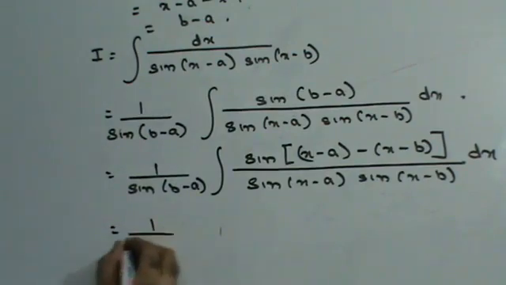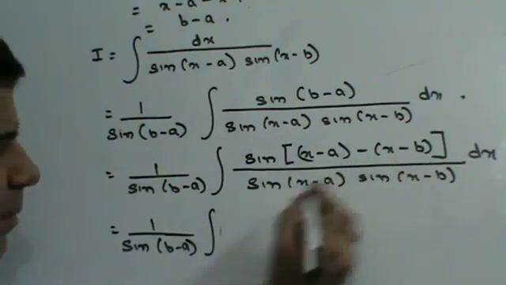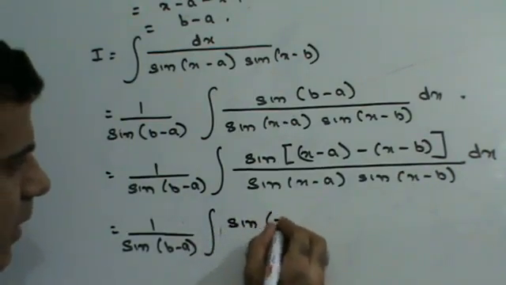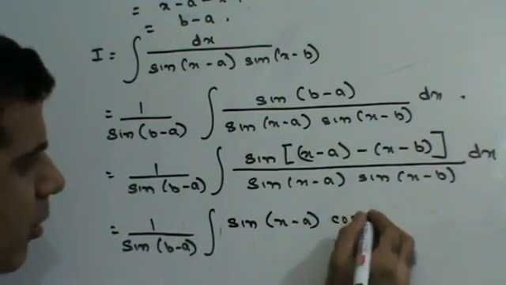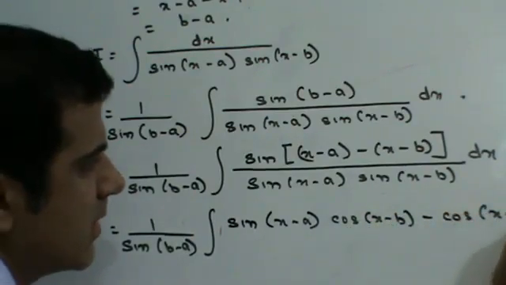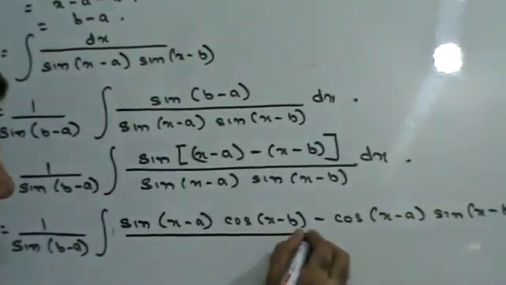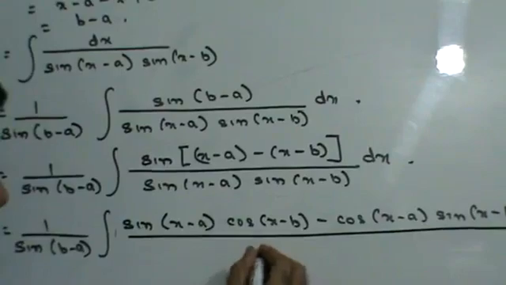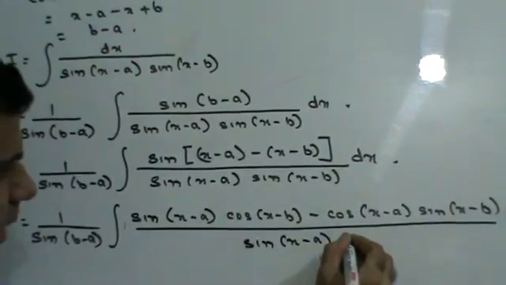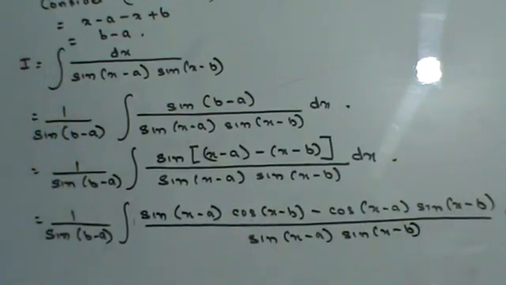This can be written as 1 upon sin(b minus a) integral. You can expand this by using the addition formula sin(a minus b), which is nothing but sin a cos b minus cos a sin b, upon sin(x minus a) sin(x minus b) dx.